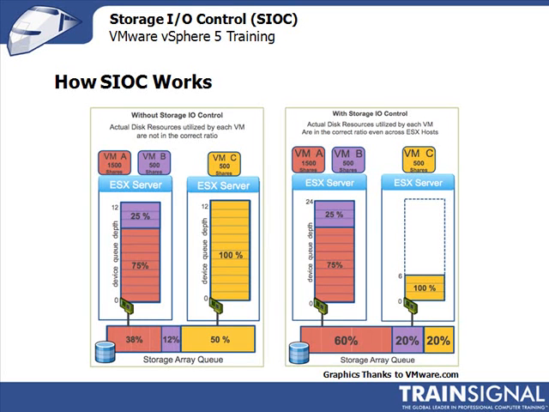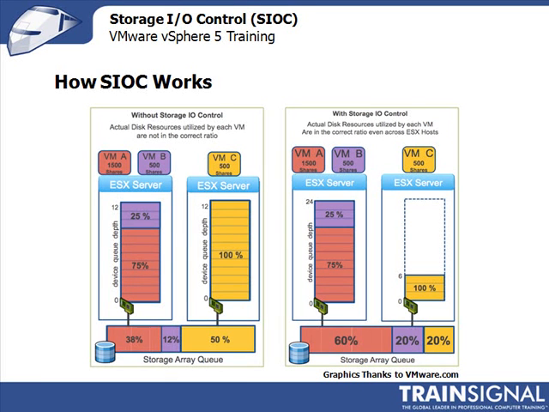So you've got the shares already configured in your resource pool or on individual virtual machines. Why not use those shares for storage as well? So you've got the two ESX servers, and they've both got shares configured, but they're not getting the proportionate amount of the shared storage access or the resources from the shared storage.